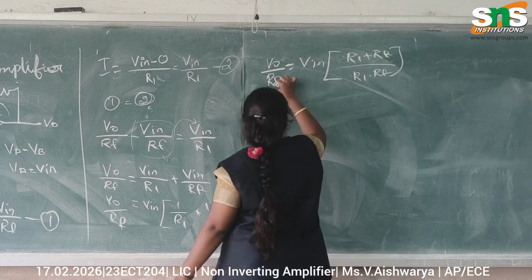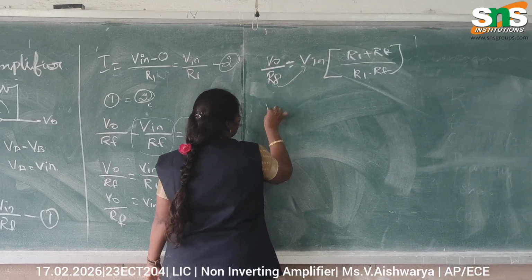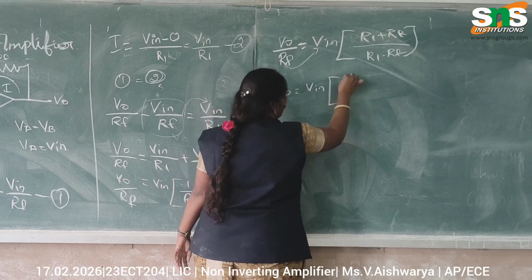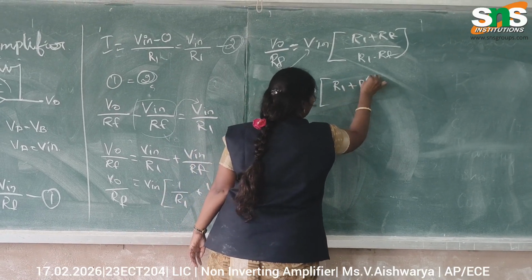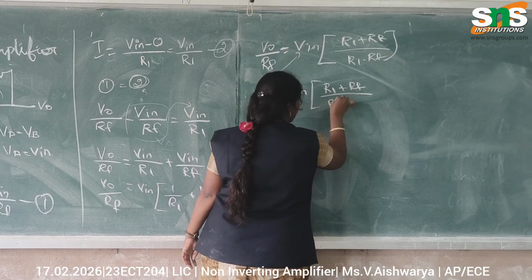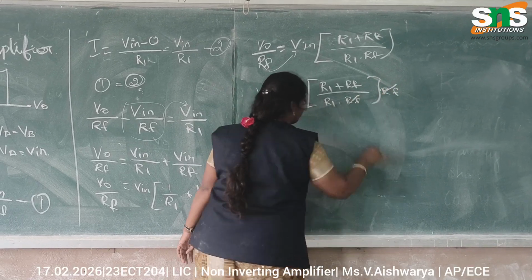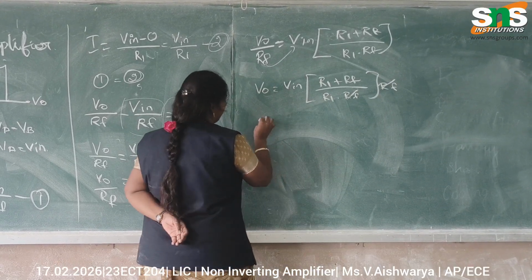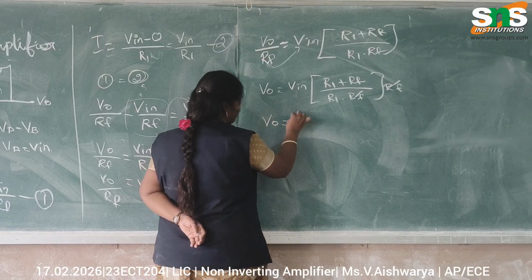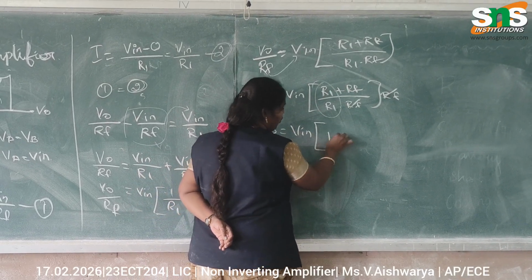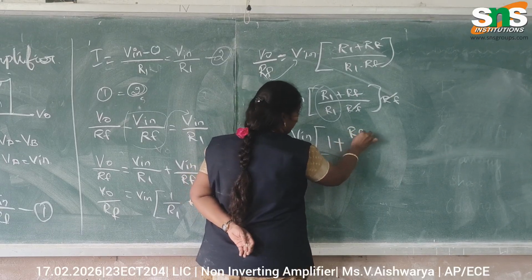So V naught equals V in of R1 plus RF divided by R1 into RF. This RF will be cancelled. So the output V naught equals V in of 1 plus RF by R1.